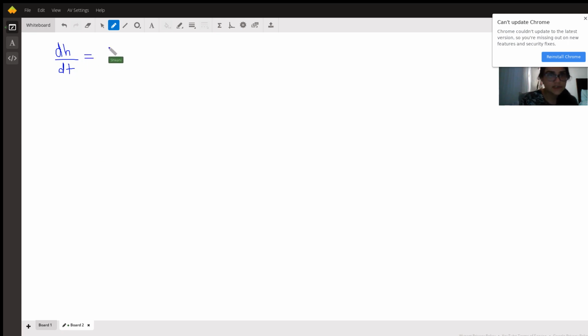That would be equal to dh over dx times dx over dt. Notice how the dx and dx cancel out in this calculation. You're left with dh on the numerator and dt on the denominator.